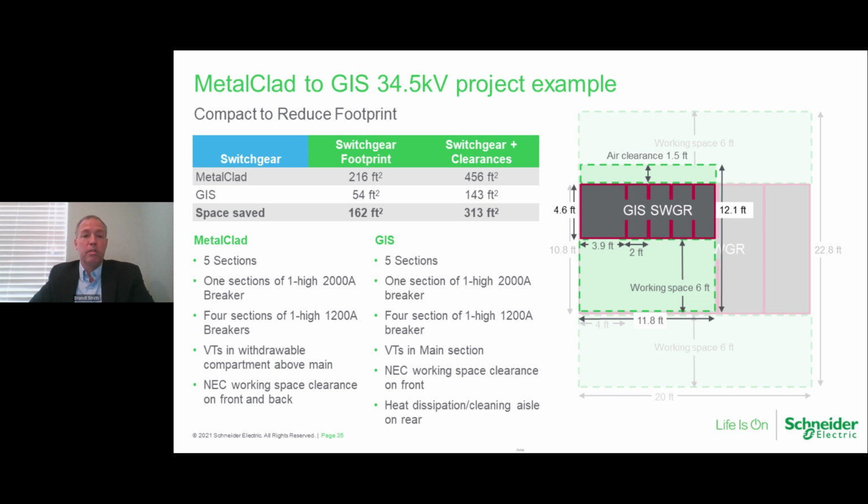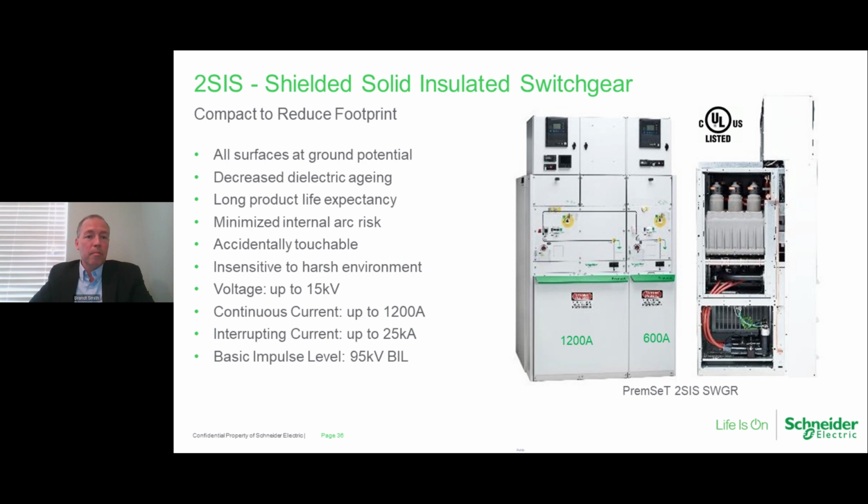It is a profound space savings, and while it doesn't fit in every application, when we can use gas-insulated switchgear, it is usually a safer, more reliable, better product at a better price. So lots of advantages for our customers to design around that technology. And I'd love to talk more about it. As you can tell, it's an area that I love, but that's an hour-long topic in and of itself.